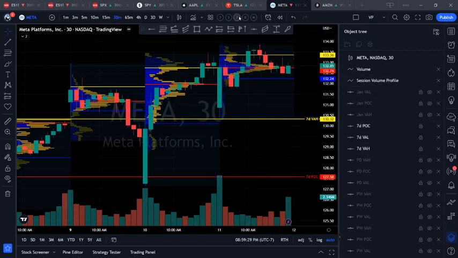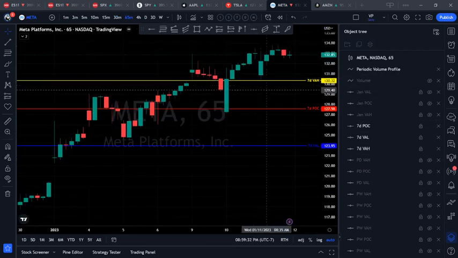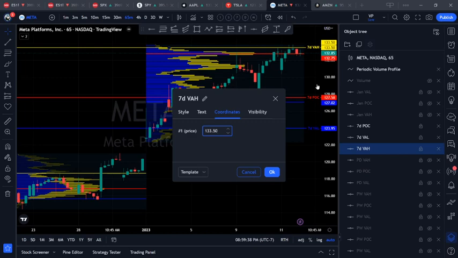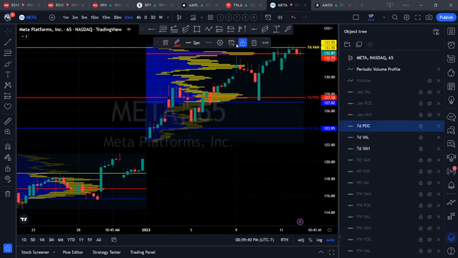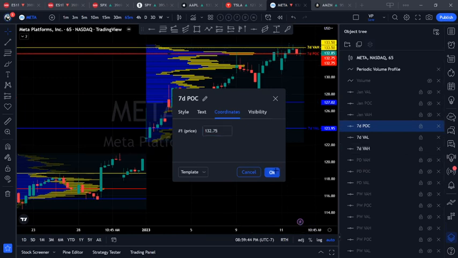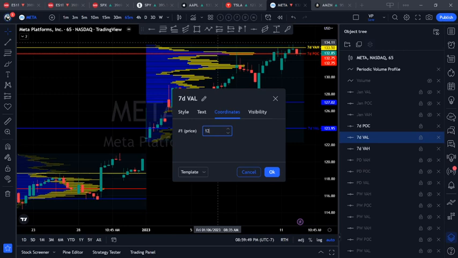And moving on to the weekly level, we got 133.50 for the value area high. POC 132.75 and a value area low 127.02.